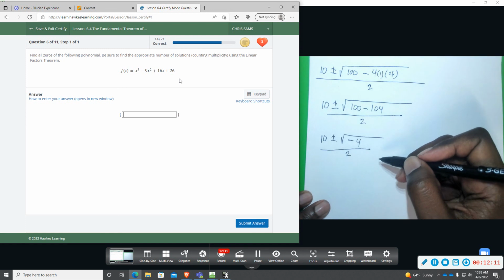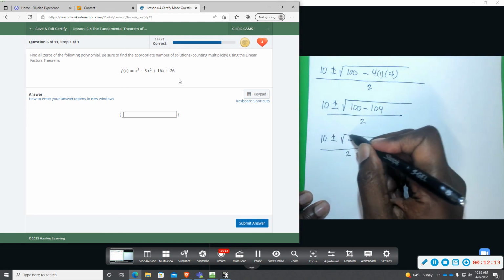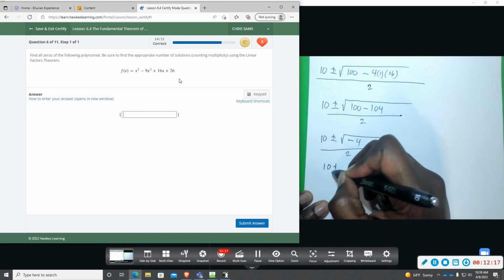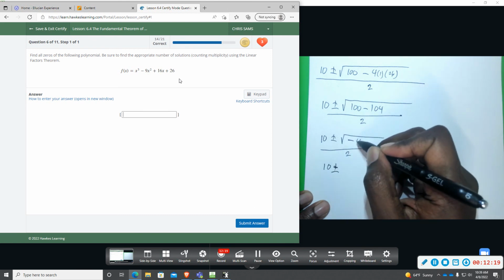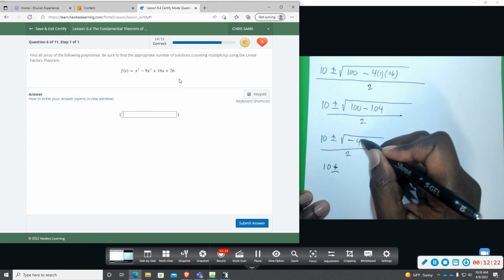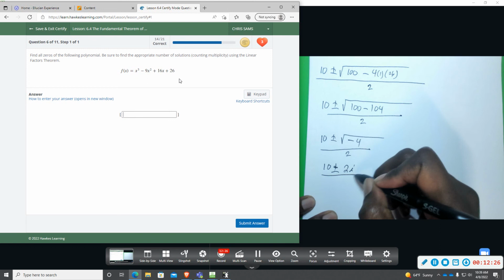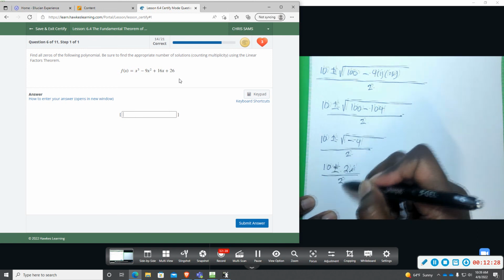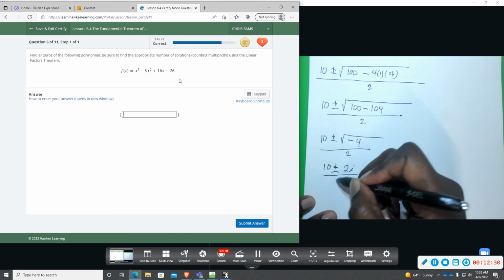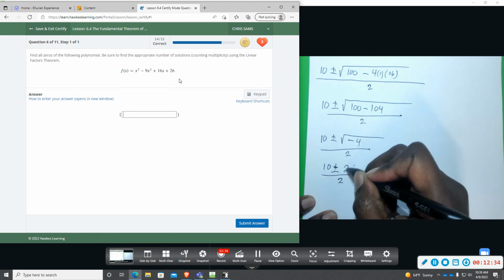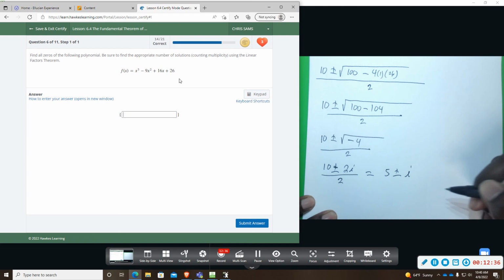And then when we evaluate this, we get 10 plus or minus 2i, because the square root of 4 is 2, but it's going to be imaginary, so 2i divided by 2. And then both these numbers are divisible by 2, so that will give me 10 divided by 2 is 5, plus or minus, and then 2 divided by 2 is 1, so we're just left with 5i.